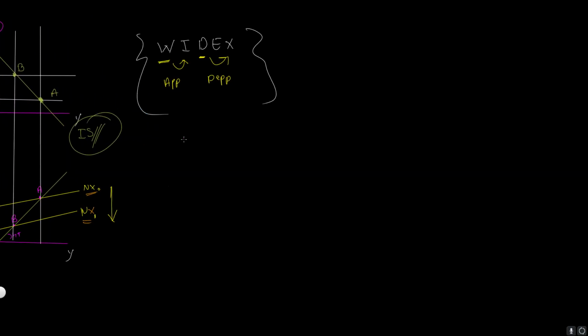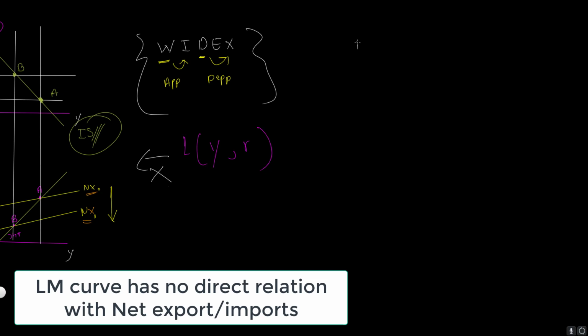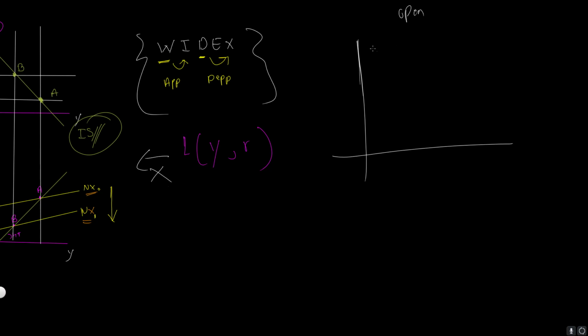What about the LM curve? Well, the LM curve is a function of our money demanded by rate of interest, and both of these have nothing to do with the exchange rate market. It has to do with your domestic market. So therefore, when we combine the IS LM curve in an open economy, the shape of the curve is exactly the same as that of a closed economy, except that in the open economy we don't just have government minus taxation, we also have net exports.